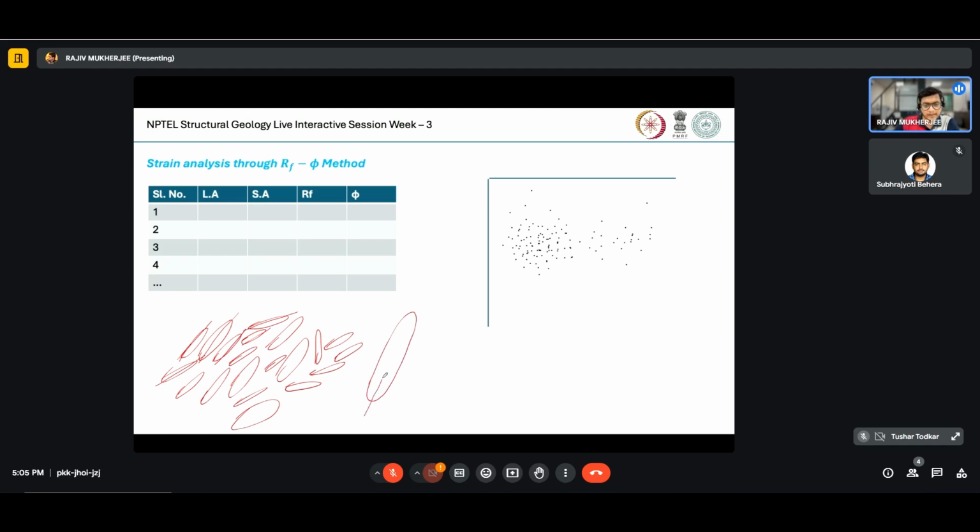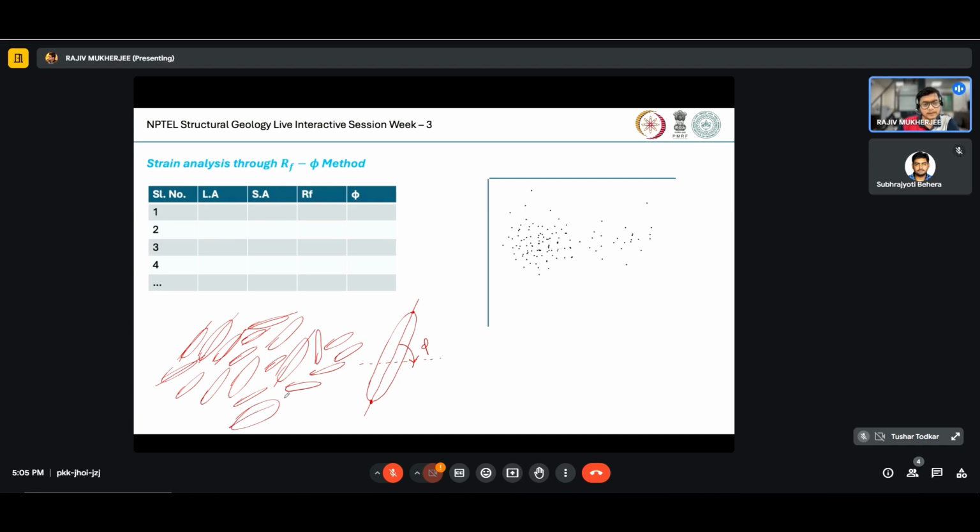We measure the length of the long axis from this point to this point, and we also draw a reference horizontal line from where we measure the phi angle clockwise, and we maintain this measurement technique uniformly throughout each and every one of these markers, right?